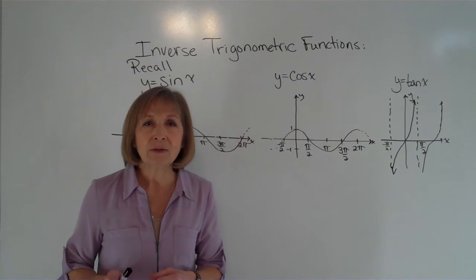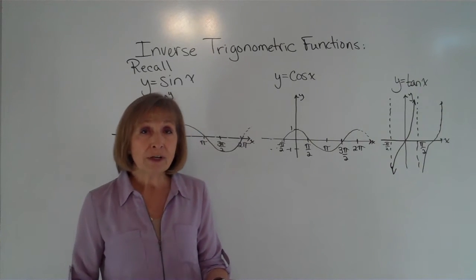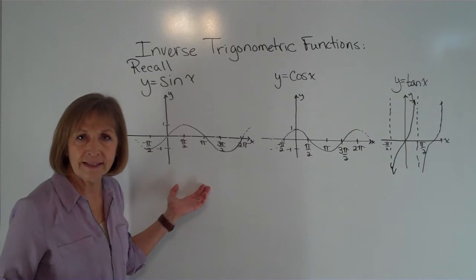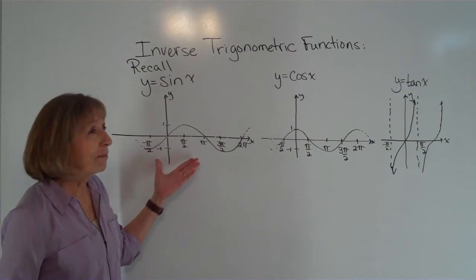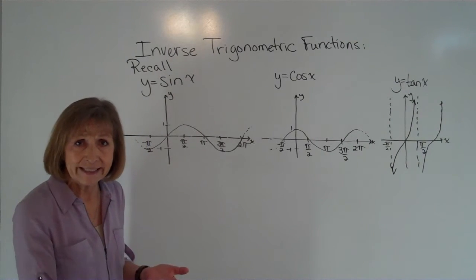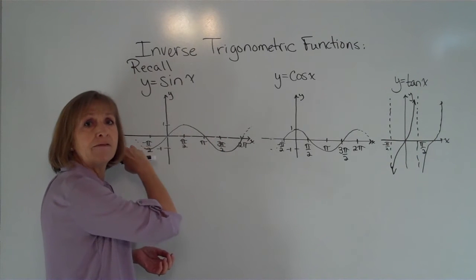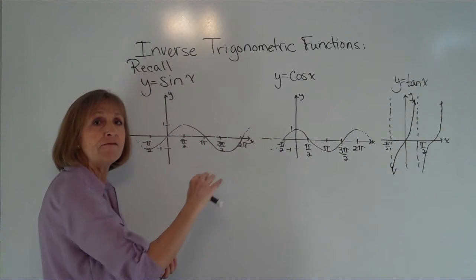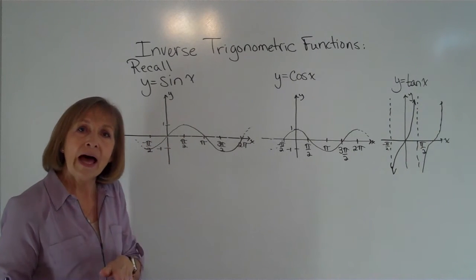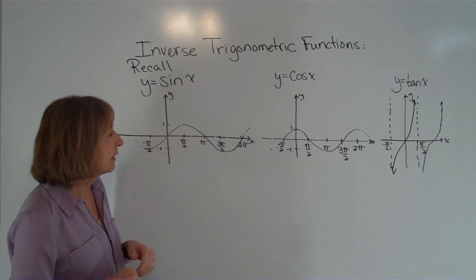But I want to take those ideas and bring them to our trig functions. See, trig functions, and I've just done 3 of the 6 trig functions, are not 1 to 1, miserably. For each x, yes, there's only one y, but for each y, there are infinitely many x's over the y values that the function does attain.